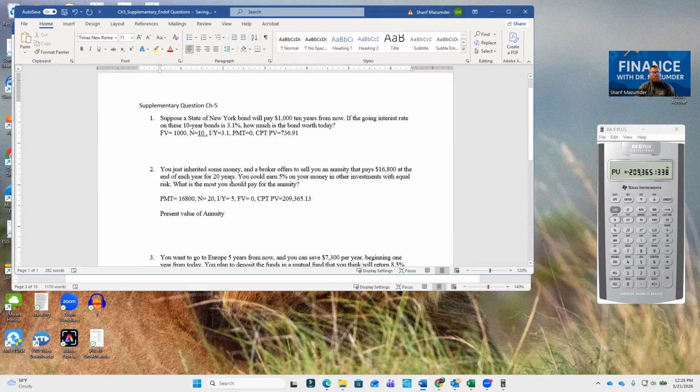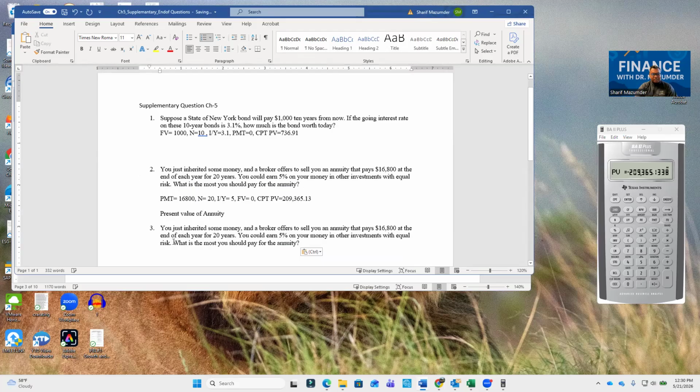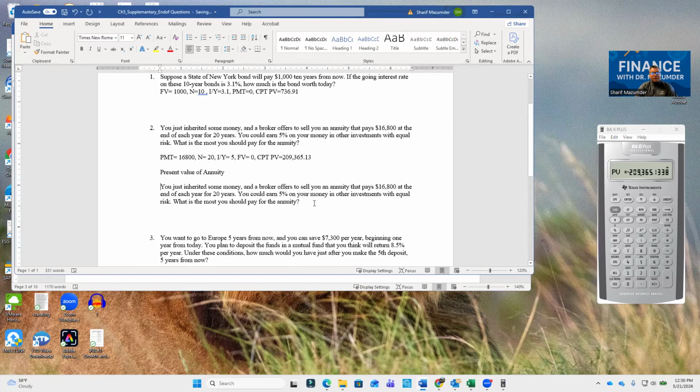For example, if we say the same question, you just inherited some money and the broker offers to sell you an annuity of 16,800 at the beginning of each year for 20 years, you could earn 5%. What is the maximum amount you should pay for the annuity?